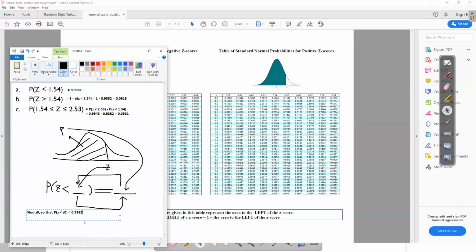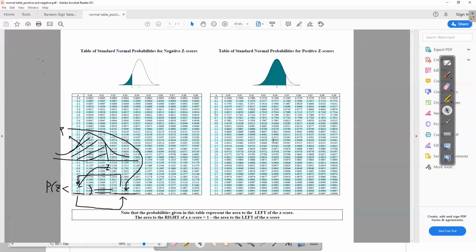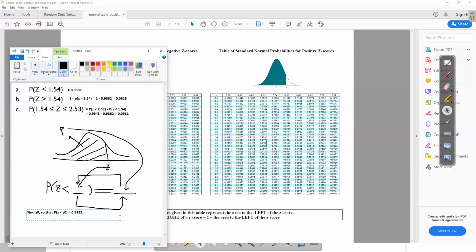How do I find that Z-score? On the Z table, we're given probability, so we need to match a probability in the Z table. 0.9382, you just keep looking.